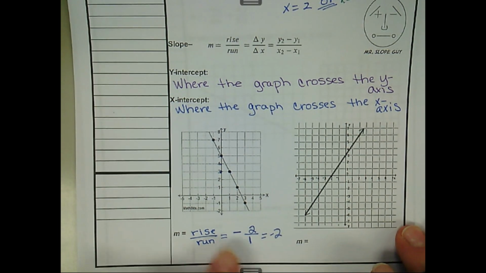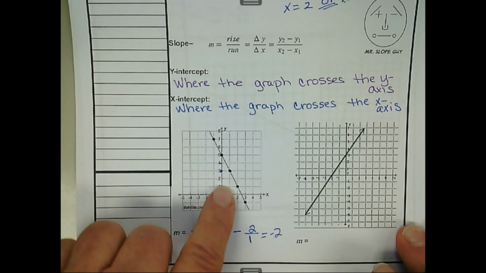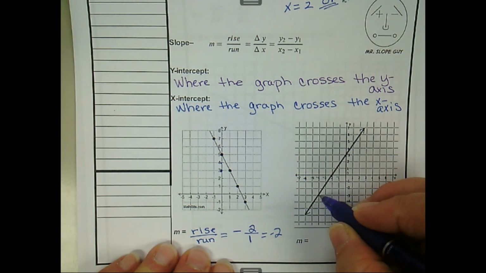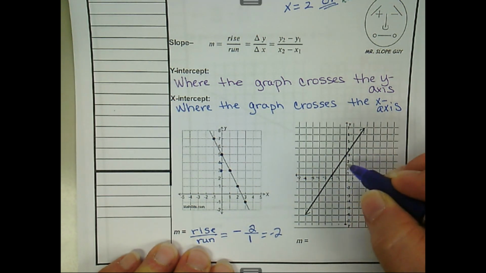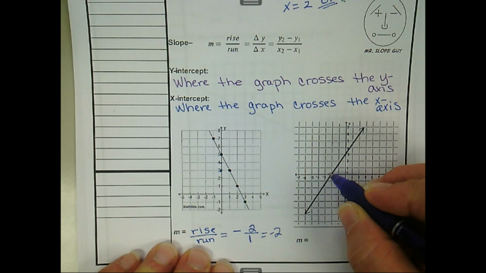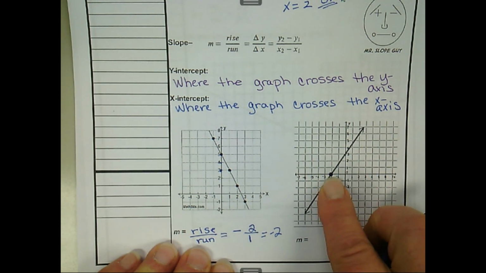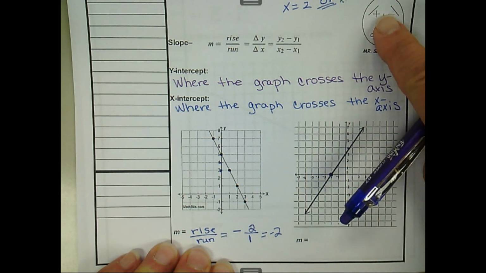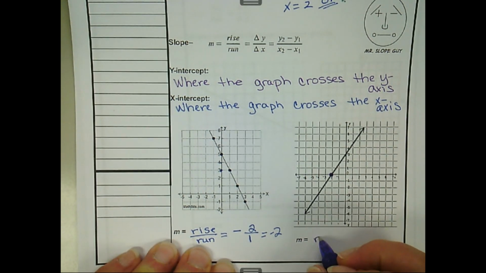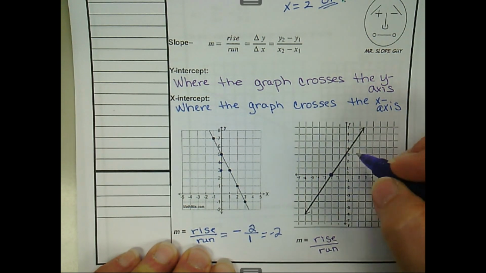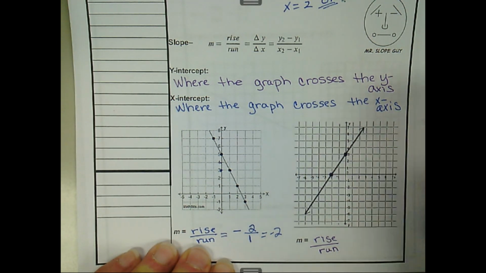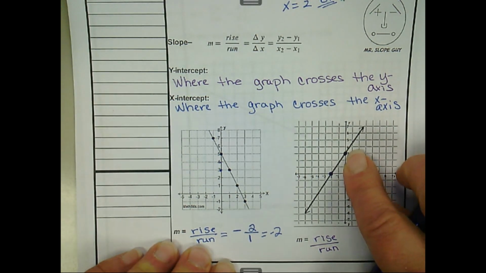Okay, the first one was nice because it had our points marked off for us. This one is not as nice because the points are not marked off. So the first thing you've got to do is to find a spot where it goes through the corner of a box. This one's this way, so I know it's going to be positive. And here is the next one where it goes across the corner of a box.